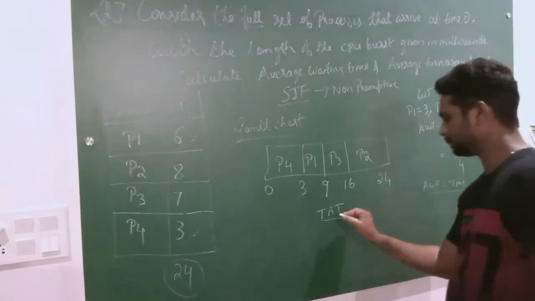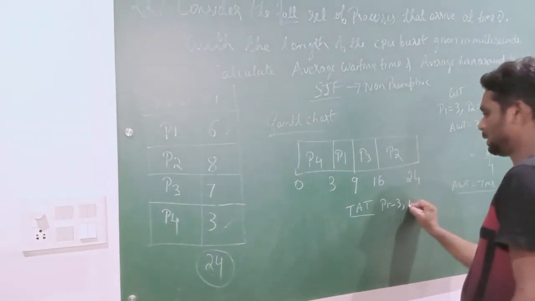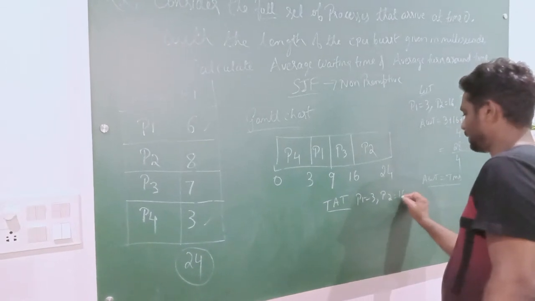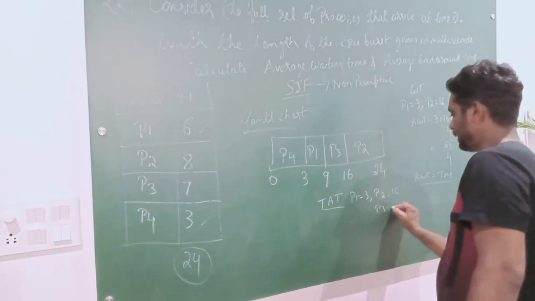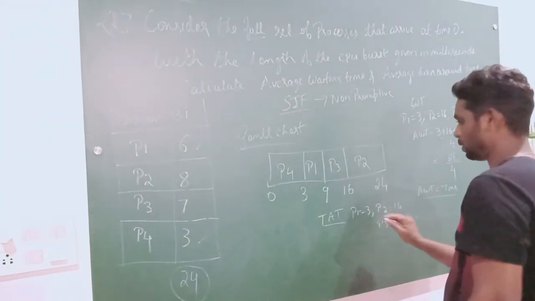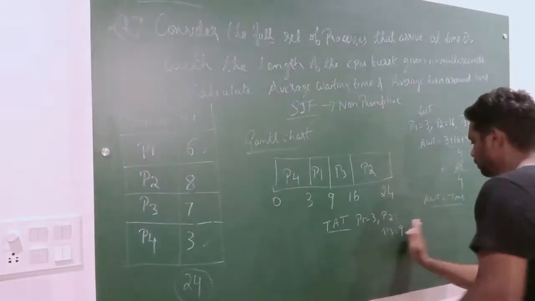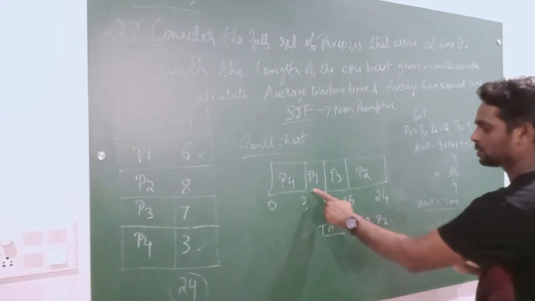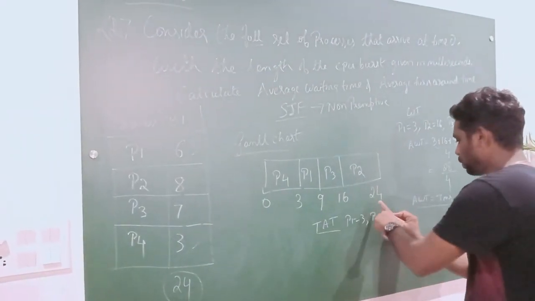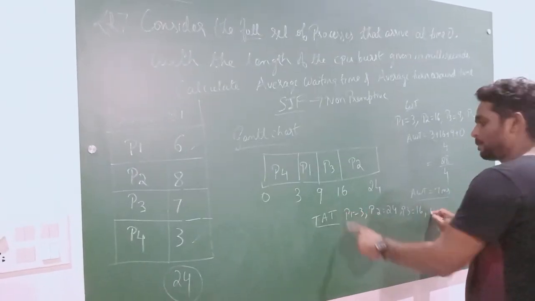Now turnaround time. Okay. P1 is 9 seconds. P2 is how much? 24 seconds. P3 is 16.